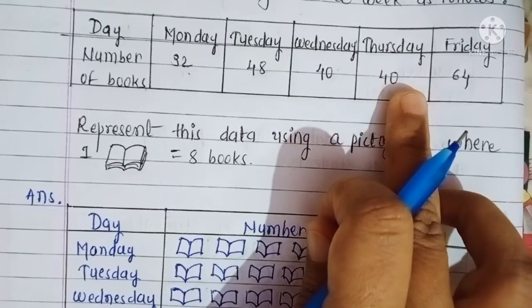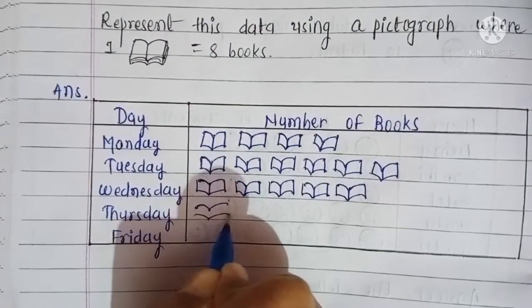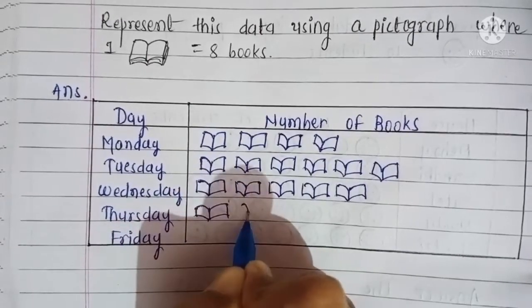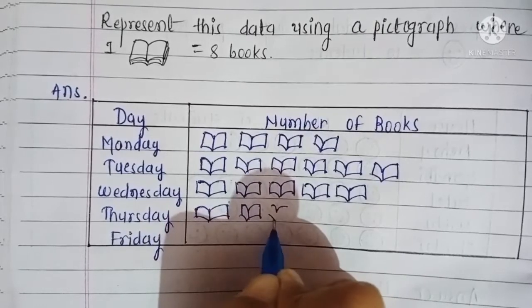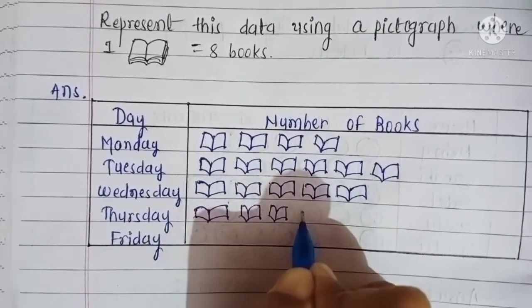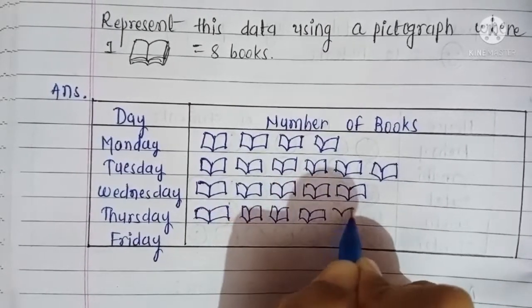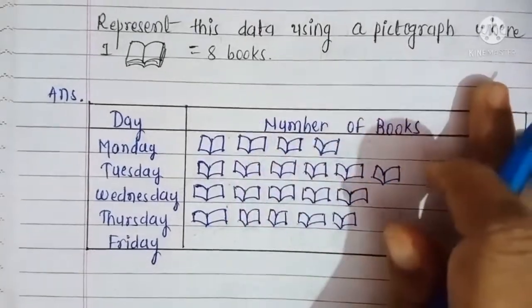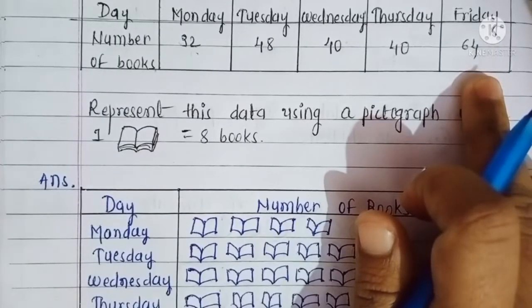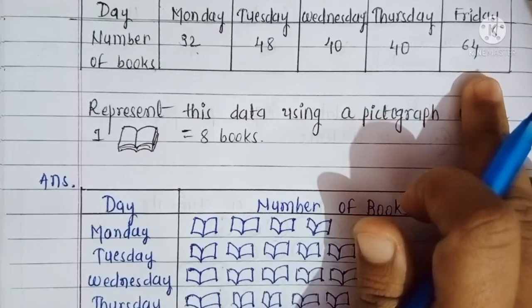Therefore, we draw 5 symbols. Next, on Friday there are 64 books sold. Therefore, we draw 8 symbols as 8 8s are 64.